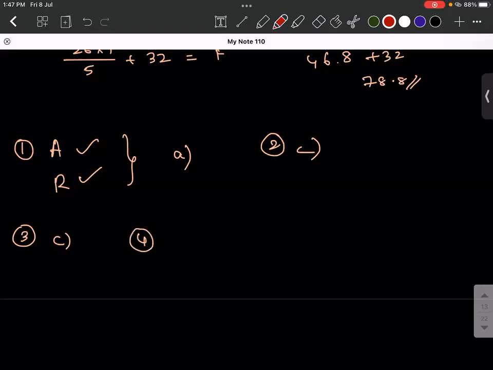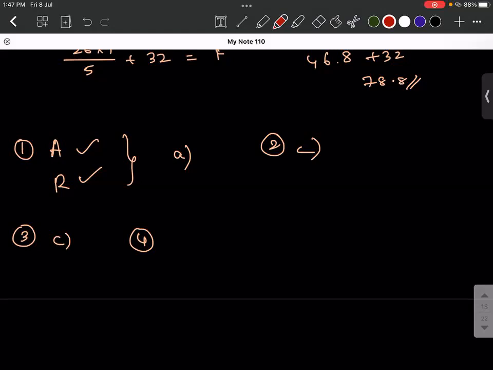The equations 2x plus 5 is equal to 0 and 3x plus y is equal to 5 both have degree 1. So there are two equations, 2x plus 5 is equal to 0 and 3x plus y is equal to 5. Both have degree 1. Degree is the highest power of the variable, that is 1 only, no?